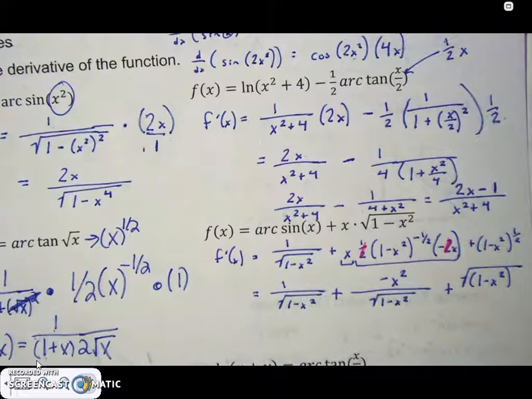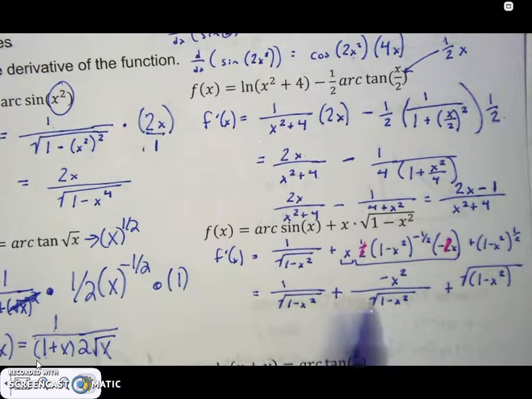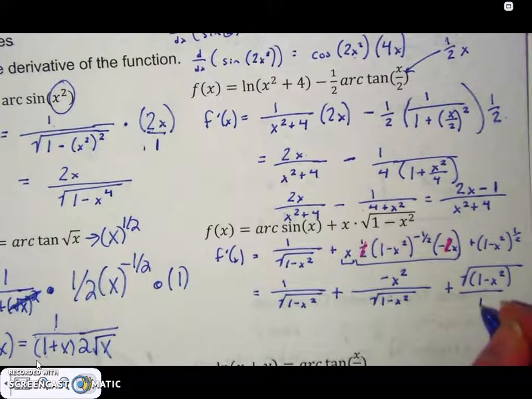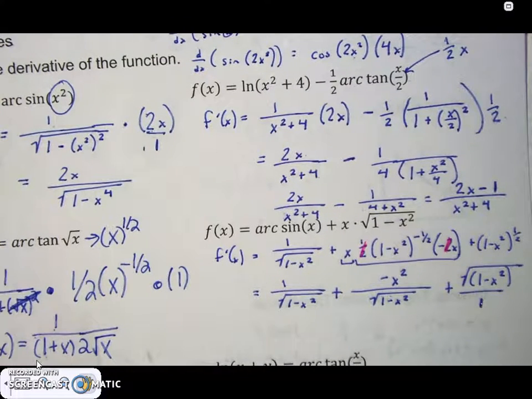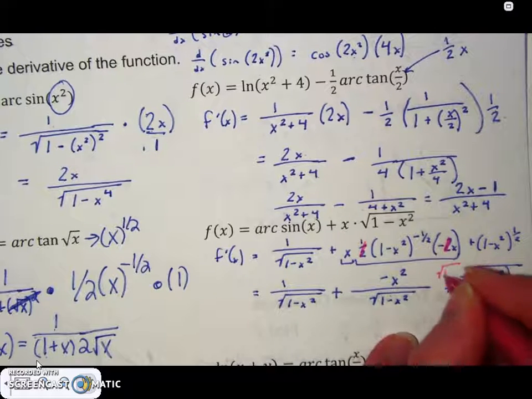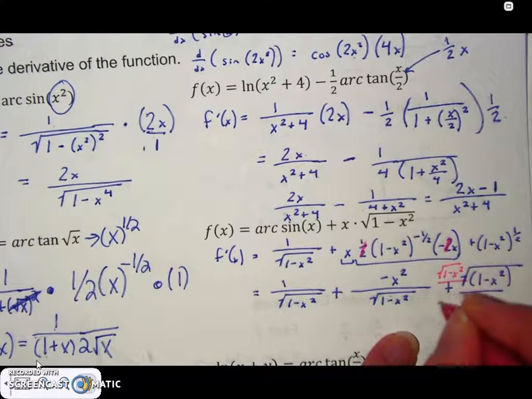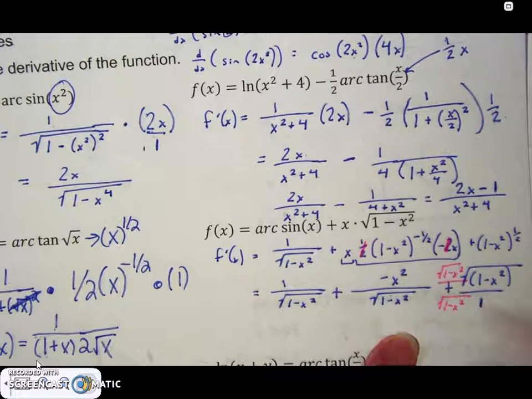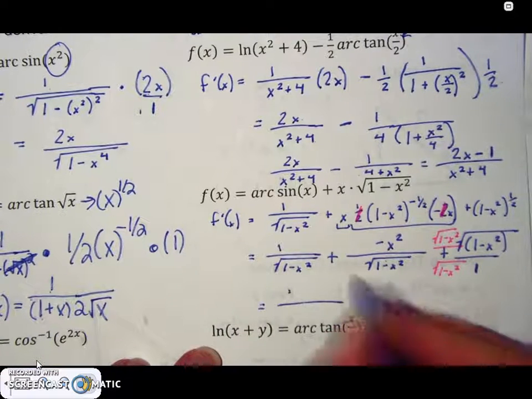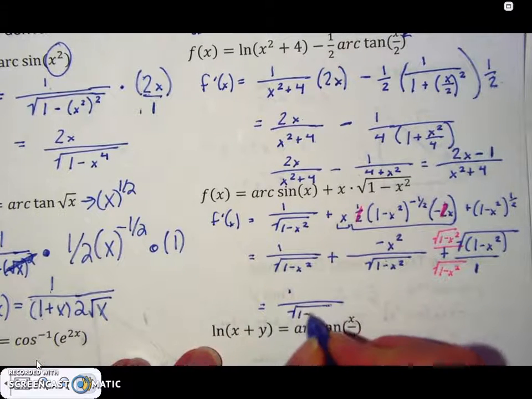Okay, so what I did was, this part's easy. We've got a common denominator, so that's the 1 minus x squared. This guy, to get a common denominator, what would I need to multiply by? Okay, so the square root of 1 minus x squared over the square root of 1 minus x squared. That way I'll have the same denominator. So I'm going to go ahead and combine these two guys.